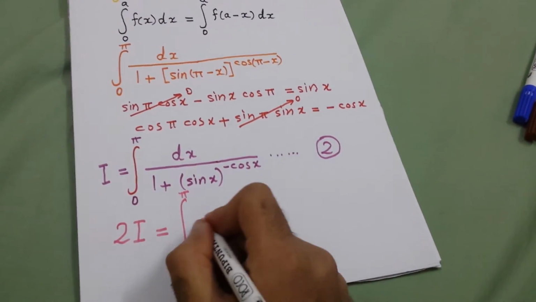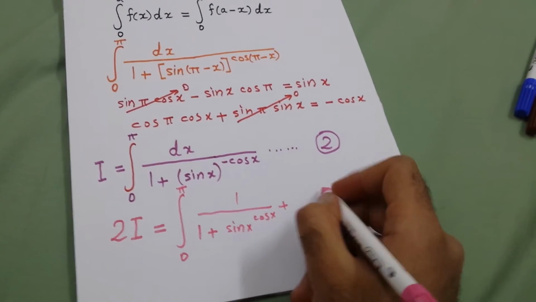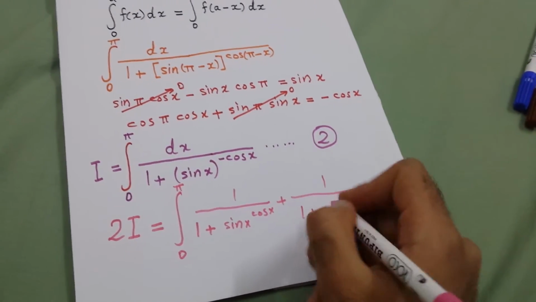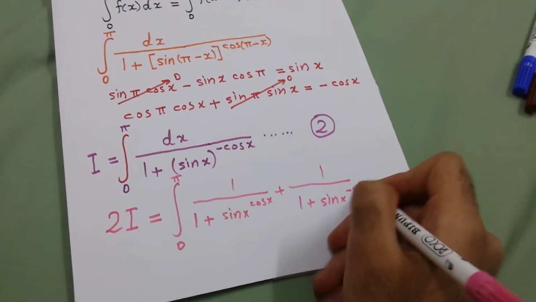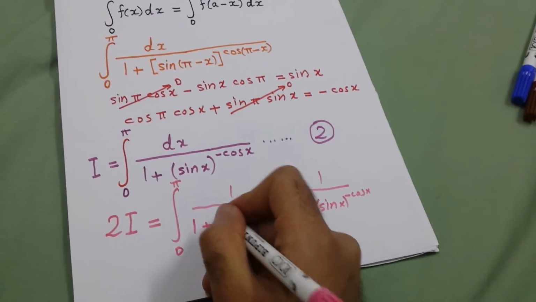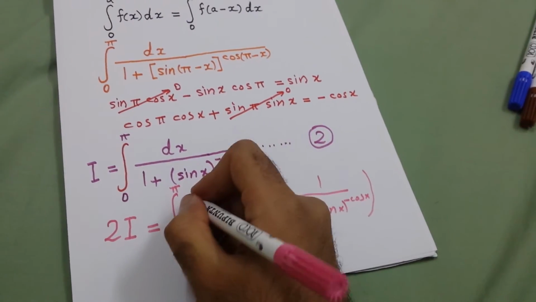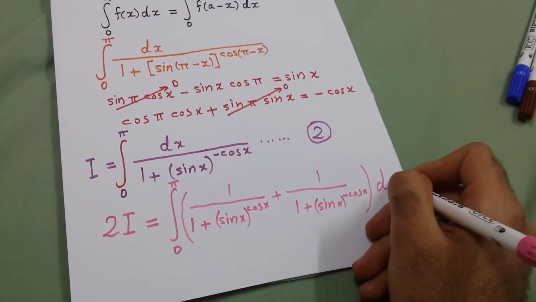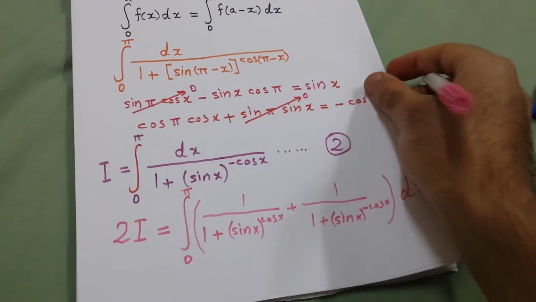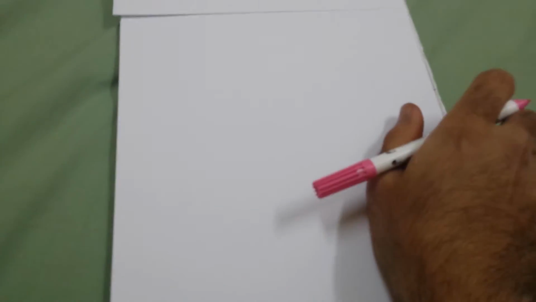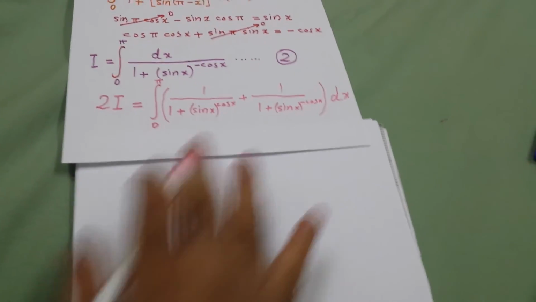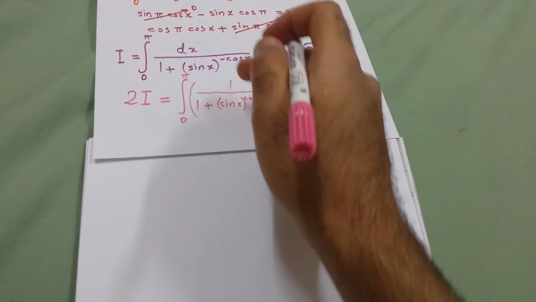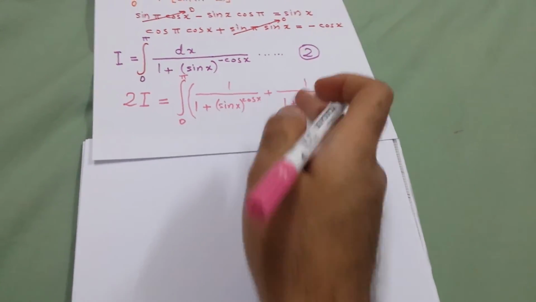This is the first one, and the second one is 1 plus sine to power minus cosine, dx. To add these two functions, we will multiply this by this, and this by this, and this by this. We will put it in the denominator.